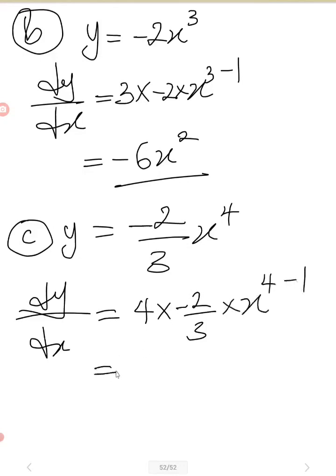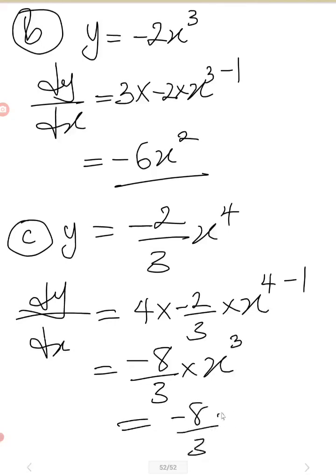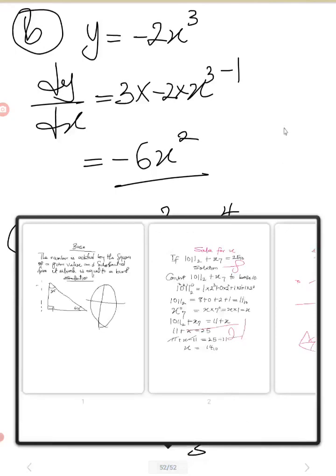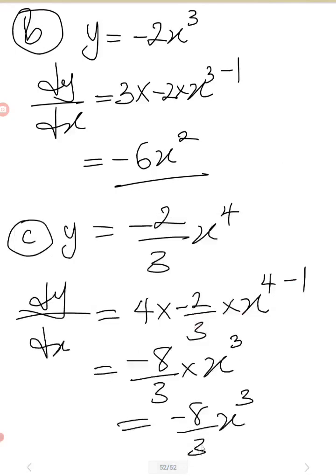So it will give you minus 8 over 3 times x raised to power 3. So that's just the answer.